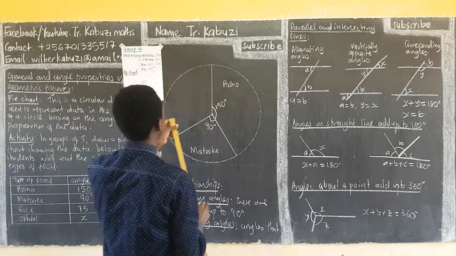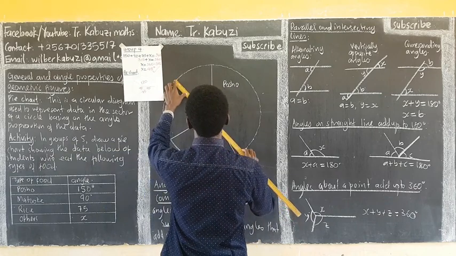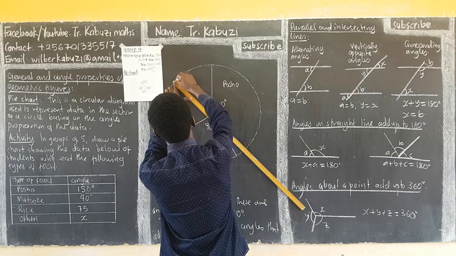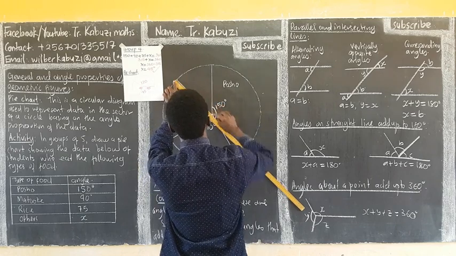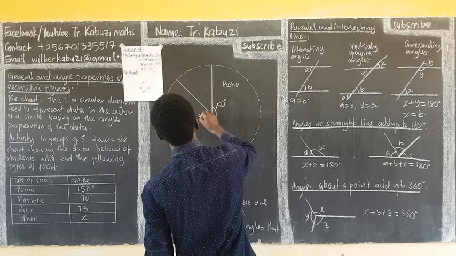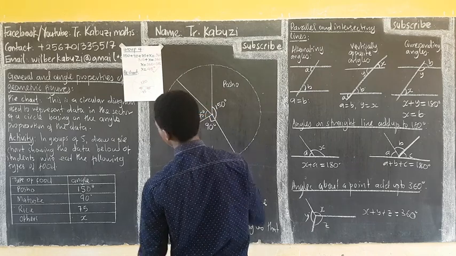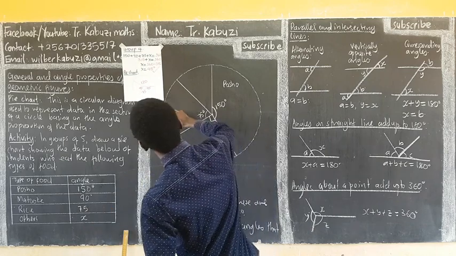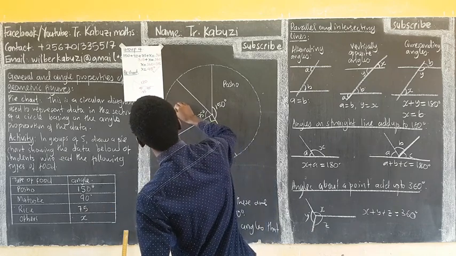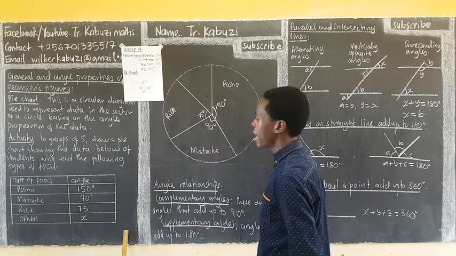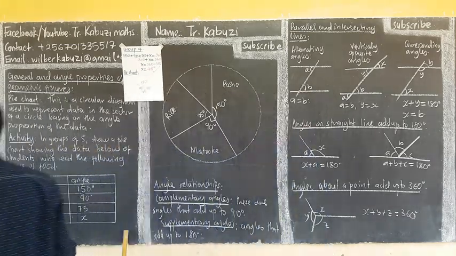I will join from there up here. So that's where my 75 is. So you show that this is 75 degrees. Then these are people who are eating rice.